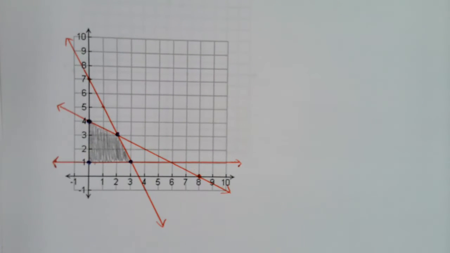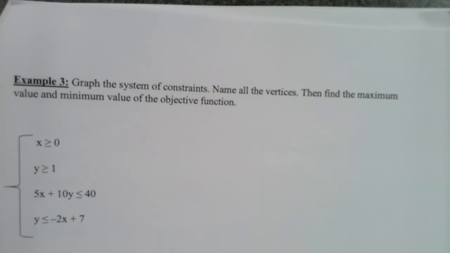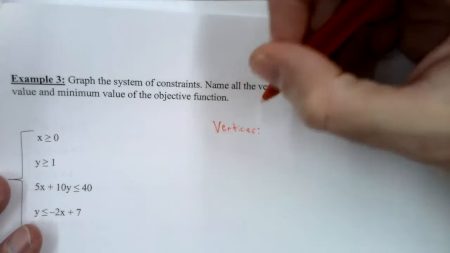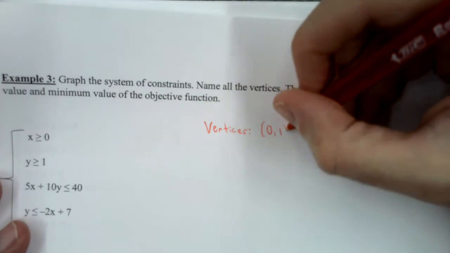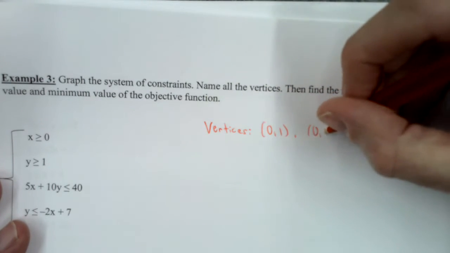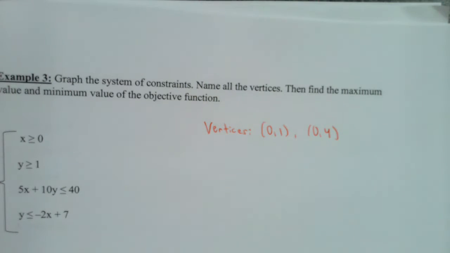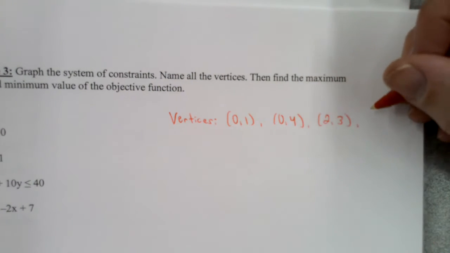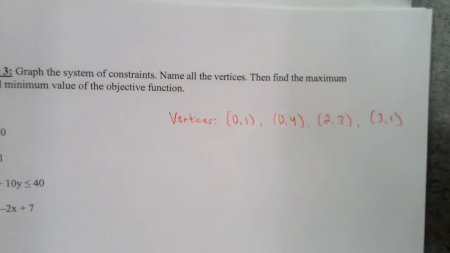Let me just label those above. So our vertices, we had 0, 1, we had 0, 4, we had 2, 3, and we had 3, 1.